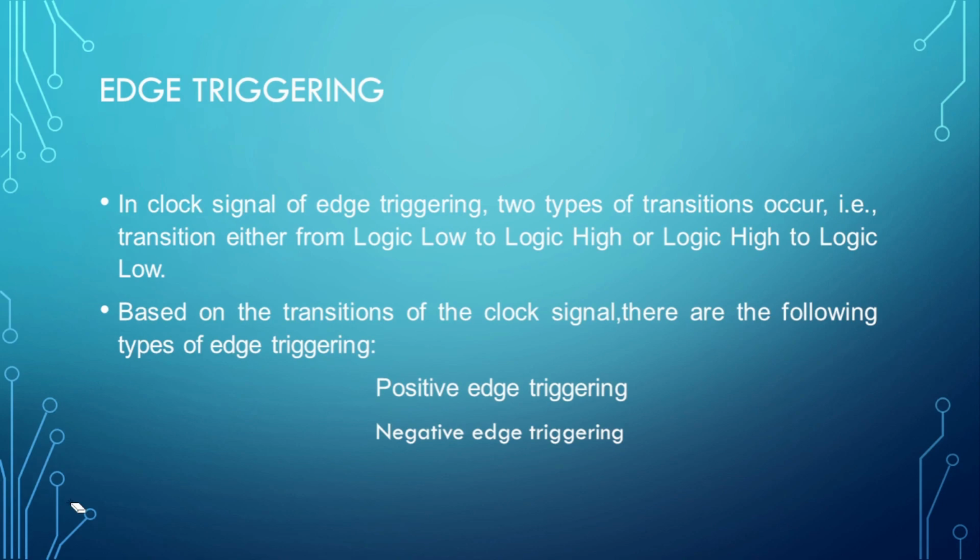Next one is edge triggering. In edge triggering, there will be two types like the level triggering. One is positive edge triggering and the other is negative edge triggering. In the clock signal, if the triggering occurs from low to high, so this is low value 0 and this is high value 1, this is called positive edge triggering.